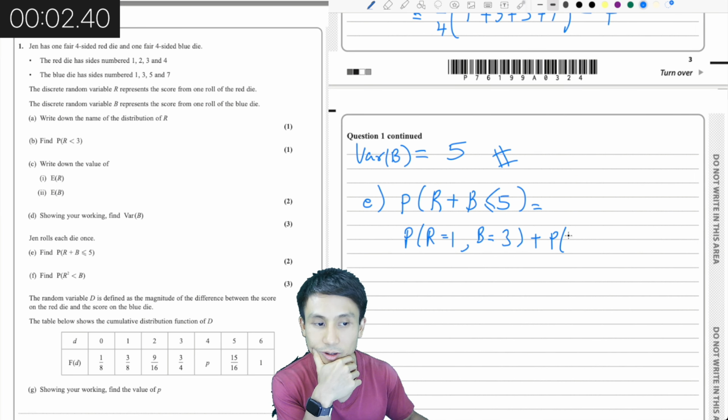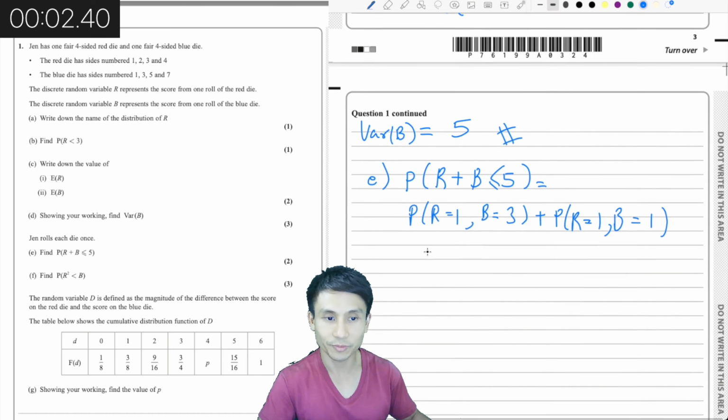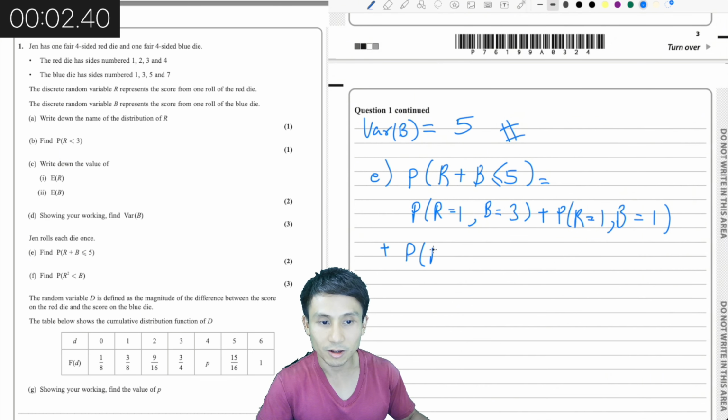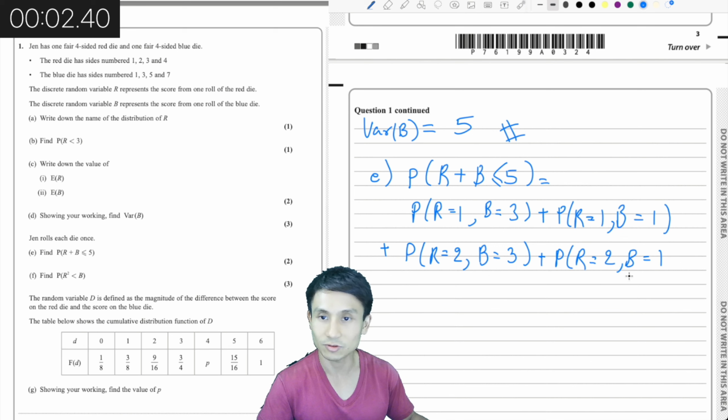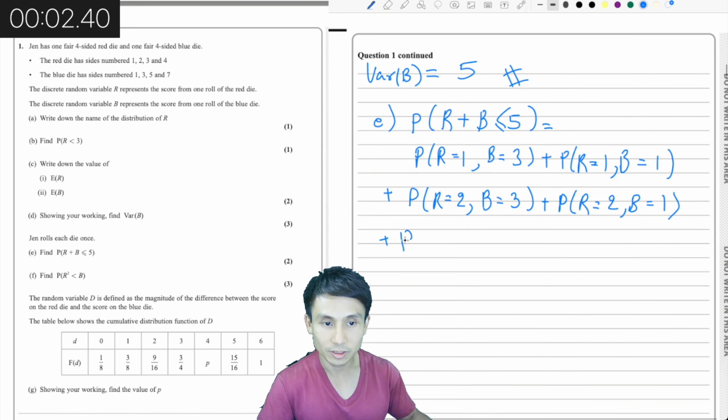Or R equals 1 and B equals 1. That's also possible. If R equals 2, then B should be 3 because it can also be 5. If R equals, we have another one, 2, B equals 1. Yeah, that's also possible. 2 and 1. And that's it for 2. Now let's have a look at 3 now. R equals 3, then B should be equal to 1.